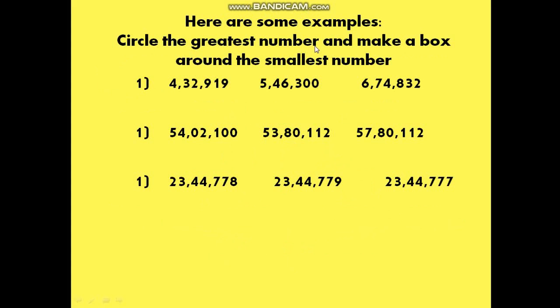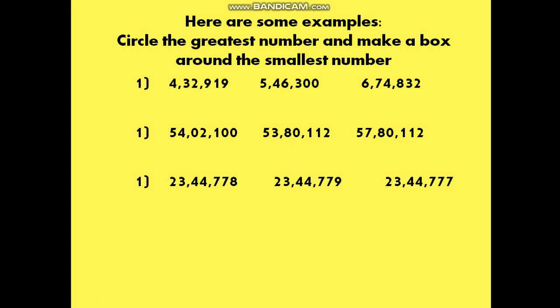Here are a few examples, and we are going to find the greatest and the smallest number in this. The first number is 4,32,919, 5,46,300, and the last number is 6,74,832.